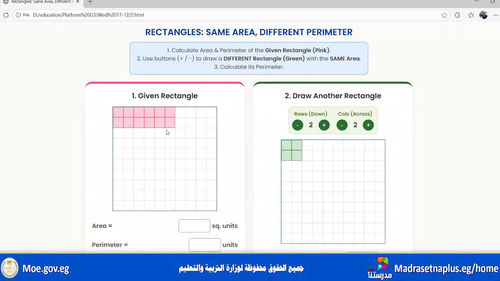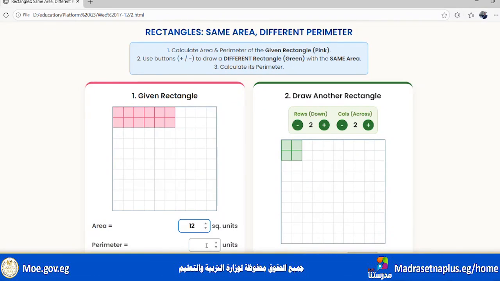How many squares? You can count them: 1, 2, 3, 4, 5, 6, and 6 is 12 square units. So the area of the left polygon is 12 square units. You can get this area another way, like multiplying rows by columns, 2 by 6, it will be 12. So we can get area in many ways.